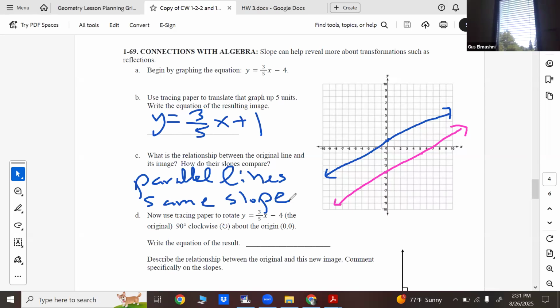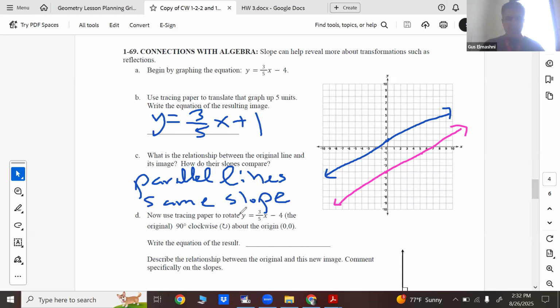I'll come around with quizzes and hold on to them. Okay, so hopefully you guys are seeing this parallel line, same slope.